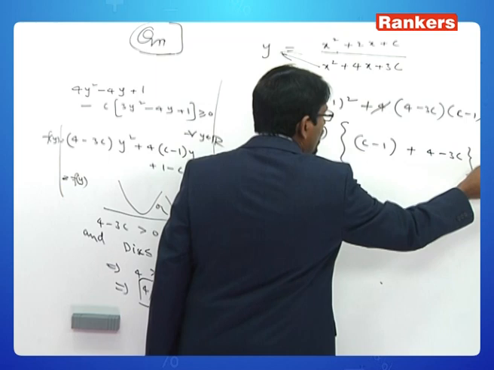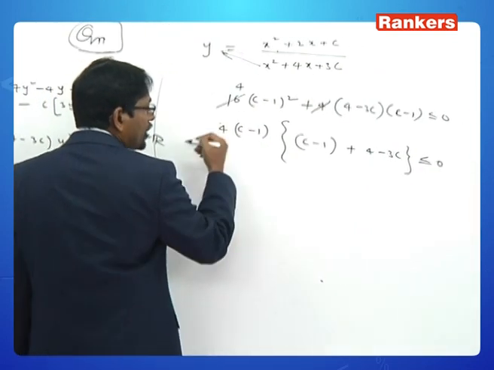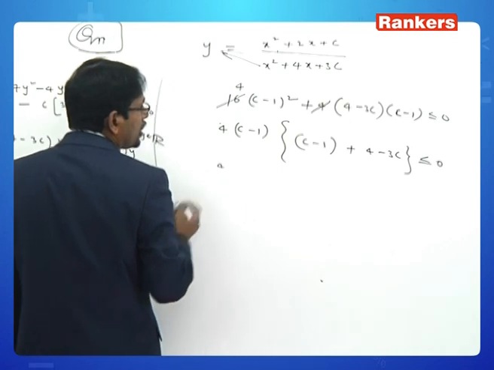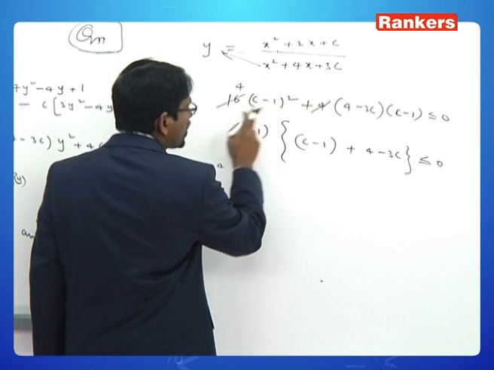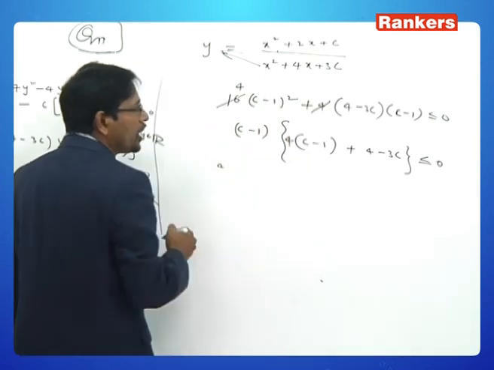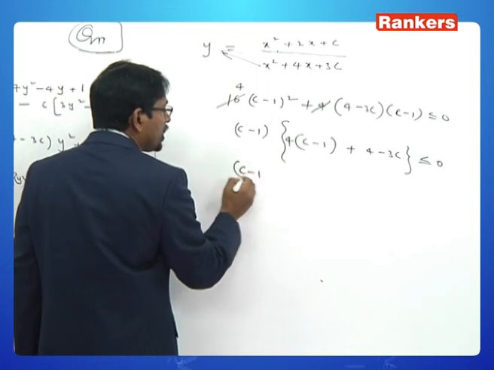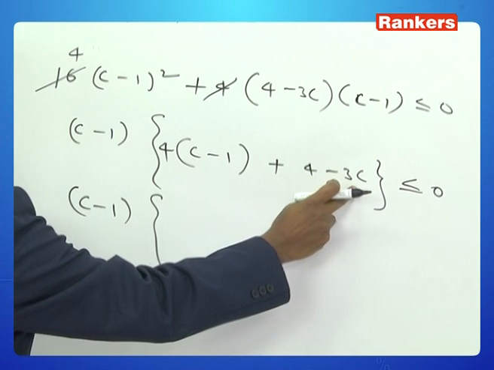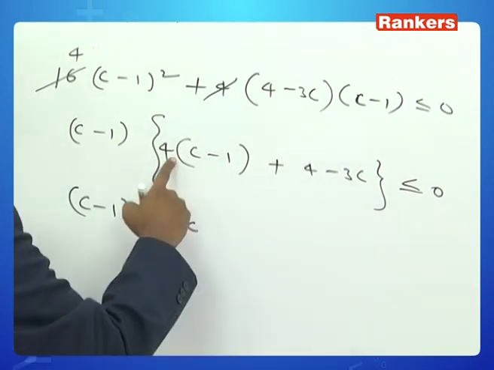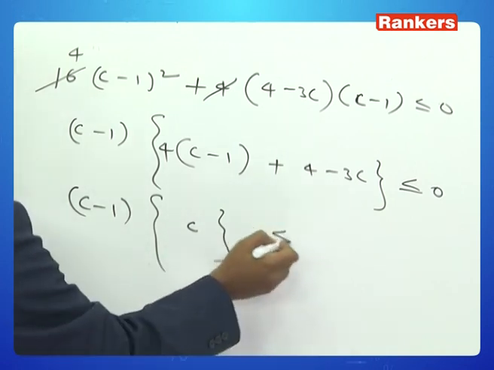This whole thing should be less than or equal to 0. So we have c minus 1 into, now what does this become? 4c minus 3c, that makes it c there, and then minus 4 plus 4, that's just c, less than or equal to 0.